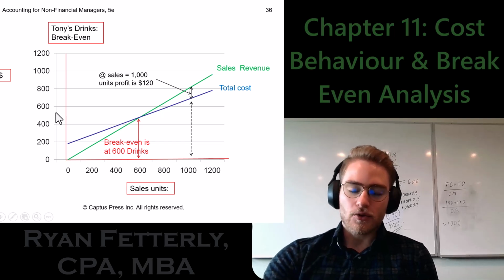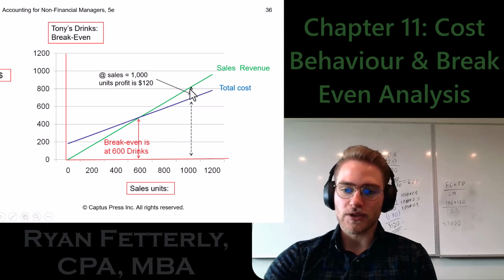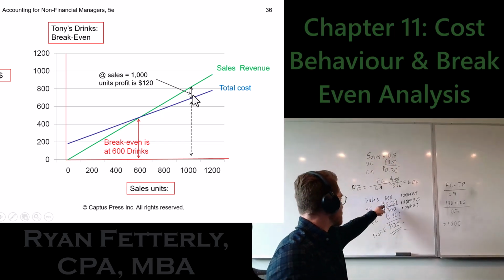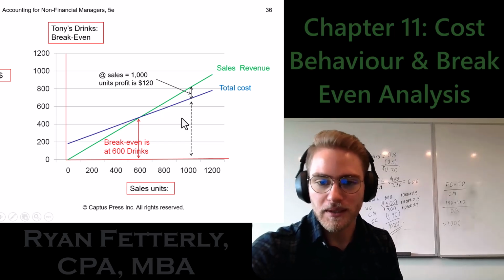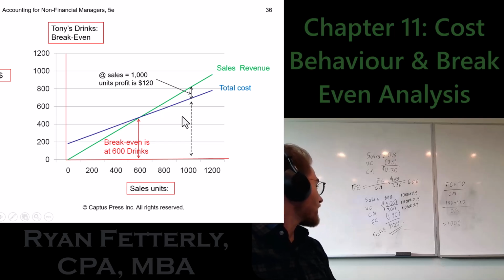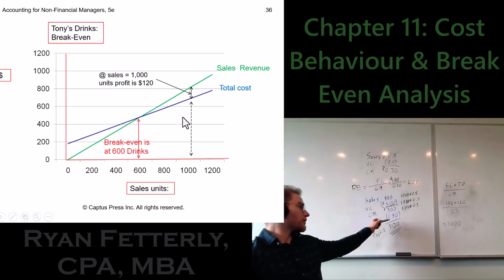So here is, graphed out, our break even at 600. And then at sales of 1,000 units, our sales are going to be $800. Our variable cost at that point would be $500, but we have to add on the fixed cost, and that's what they're doing with the total cost line.